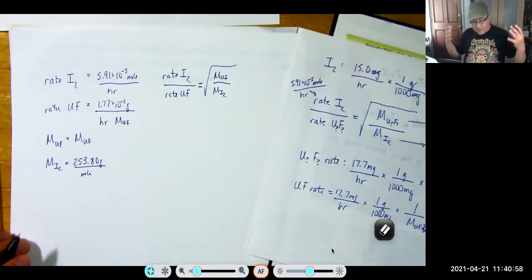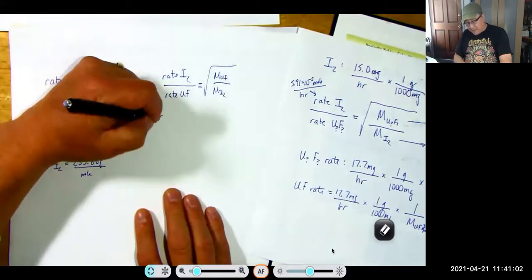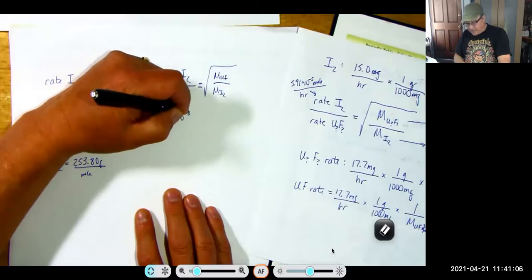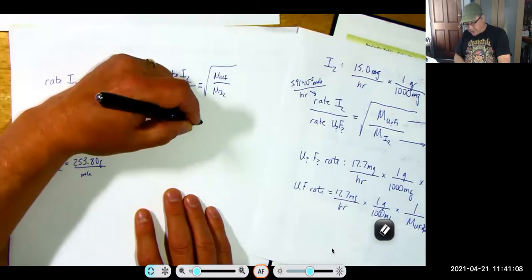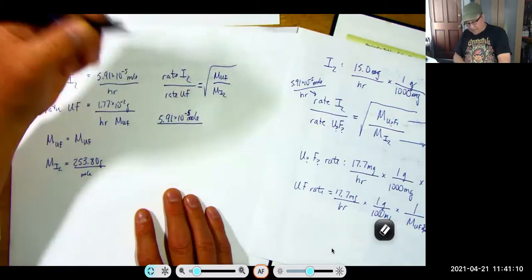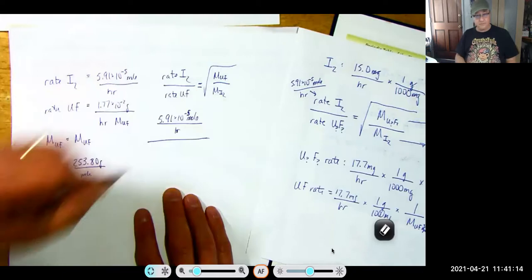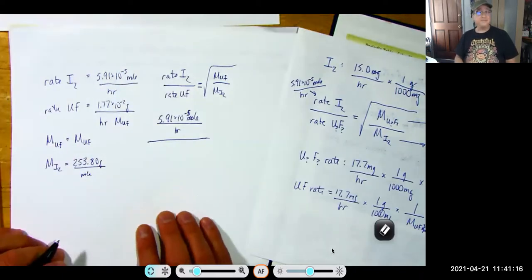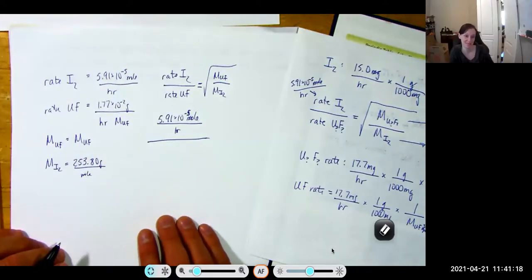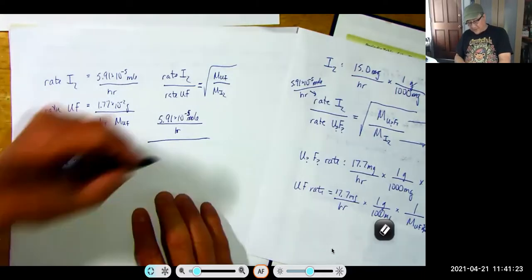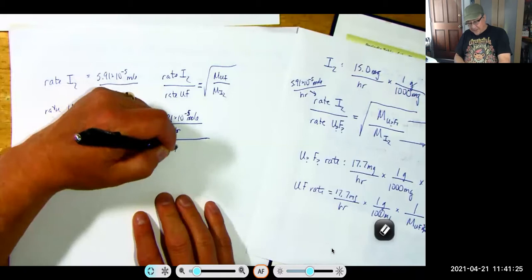So we're now going to put things in. I'm going to put 5.91 times 10 to the minus 5 moles per hour. Are you with me there? I'm just watching. What am I going to put in for the rate of UF? This 1.77 times 10 to the minus 2.